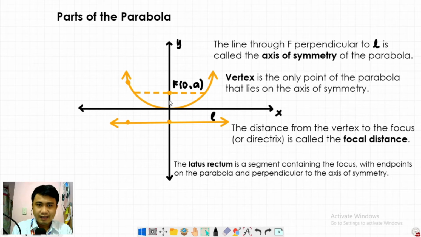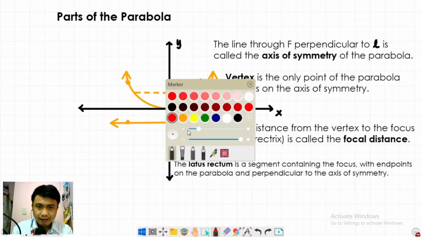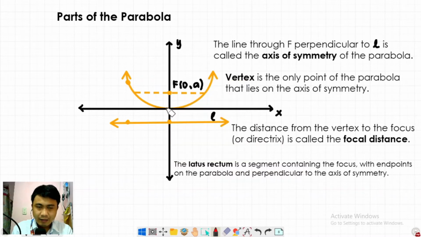Okay? And so next, vertex. Vertex is the only point of the parabola that lies on the axis of symmetry. Yan. So, isa daw po siyang point na nandoon sa ating dumadaan or nag-intersect doon sa ating axis of symmetry.